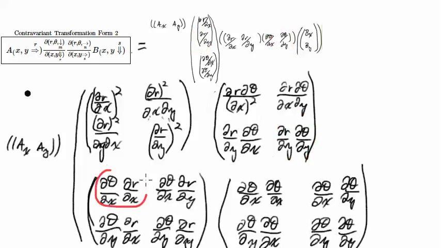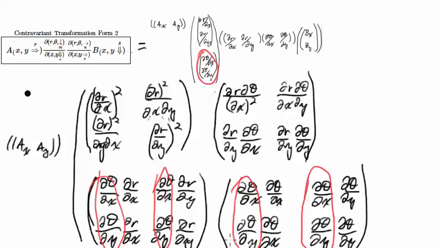And then right here, we'll have del theta del x del r del x. Actually, let's just look for an overall pattern here for a second. Make sure that I'm right in red. Okay, del theta del x del theta del y appears right here, right here, right here, and right here.